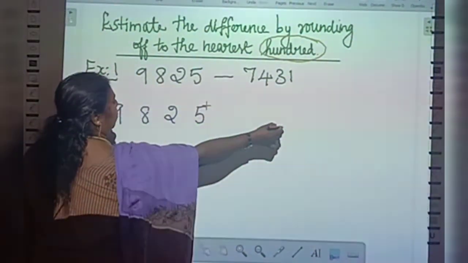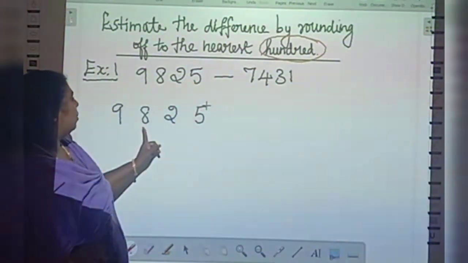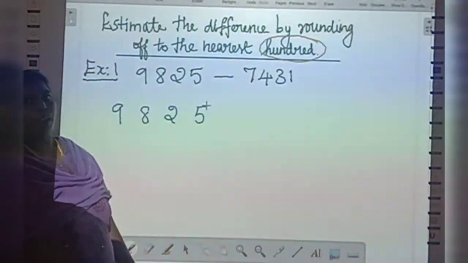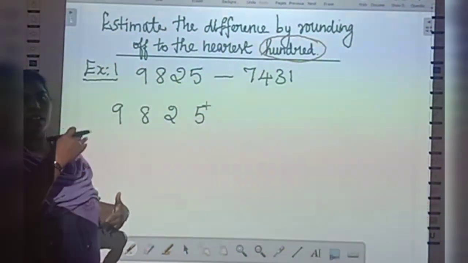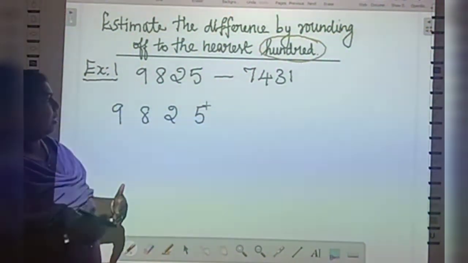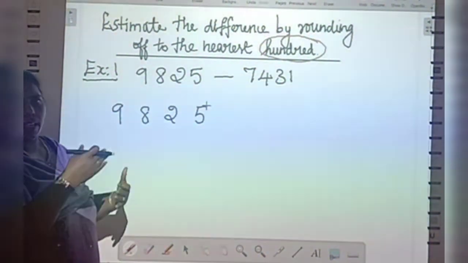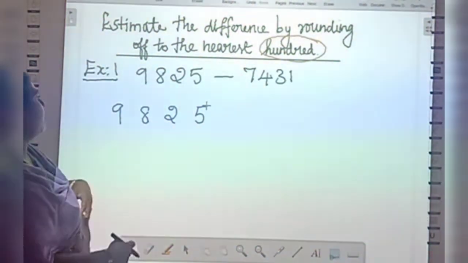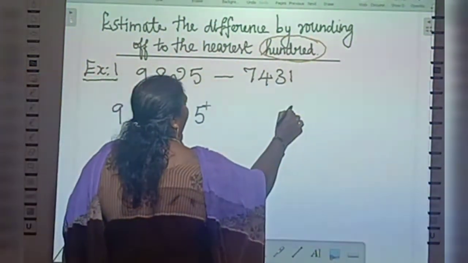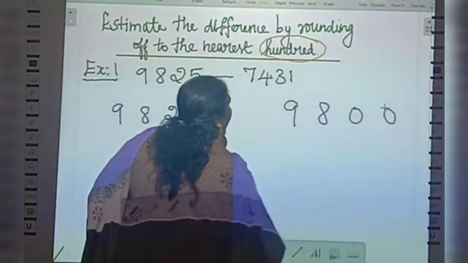Here you have to write the estimated value. For the nearest 100, you have to take 825. 825 is a number between 800 and 900, isn't it? Is the number closer to 800 or 900? It is 800 only, isn't it? So 9800.